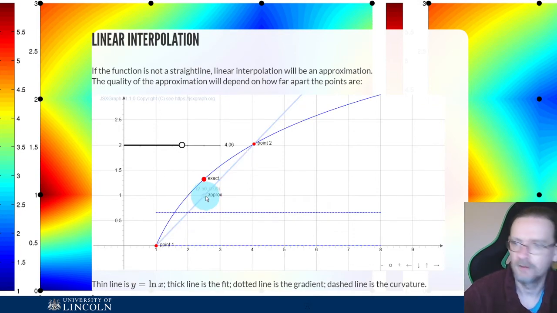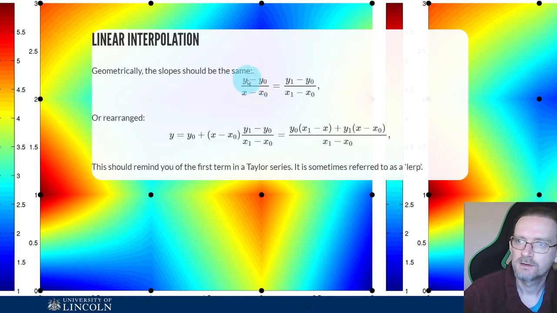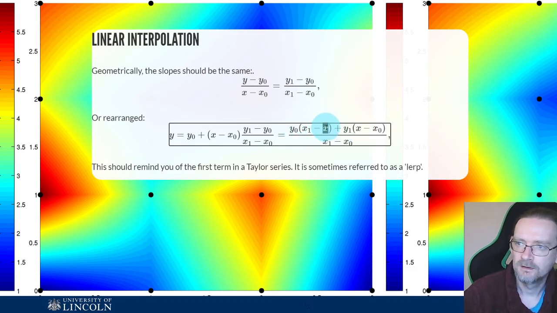So x and y are things that we can adjust. We want the slope at x, y to be the same as the slope at the second data point, so they lie on the same line. We can just rearrange that, and we've got an approximation for our y in terms of the given data points and the independent variable x. So we know y0, x1, y1, x0. The only variable here is x, so we just feed that in, and then we've got an estimate of y.